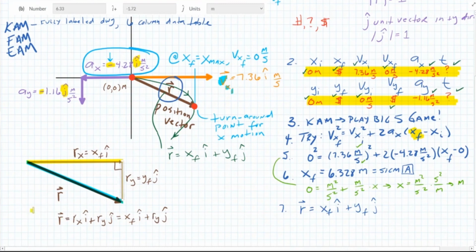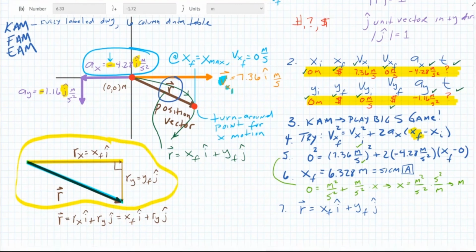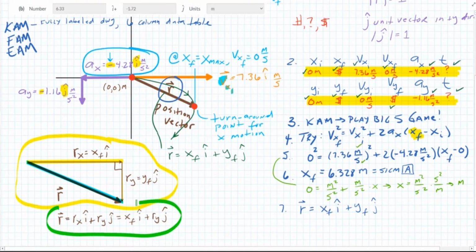So that's a vector operation. This is the graphical representation of the R vector, and this is the unit vector representation. So what I'm circling in green here is represented precisely by this visual right here. There's a lot of new stuff going on, I understand that. Practice makes perfect.